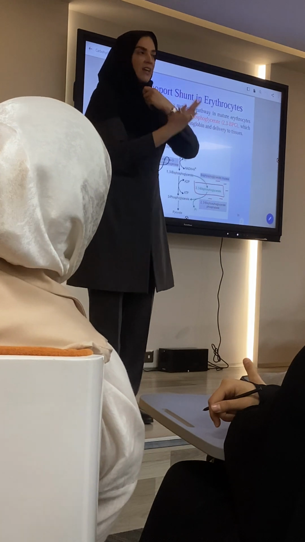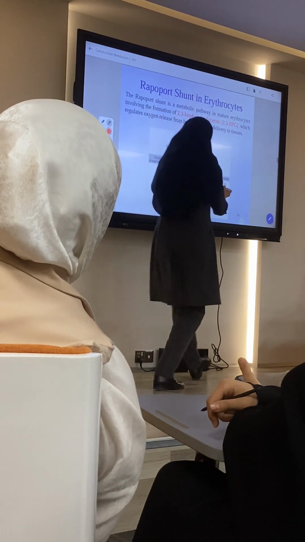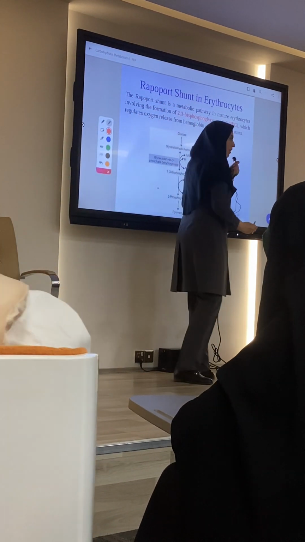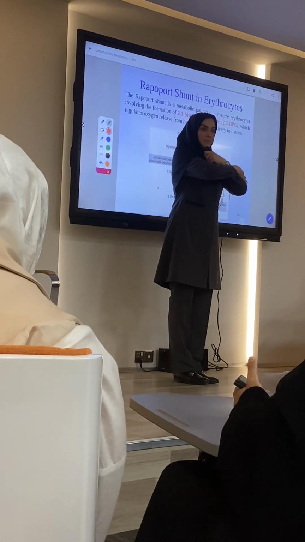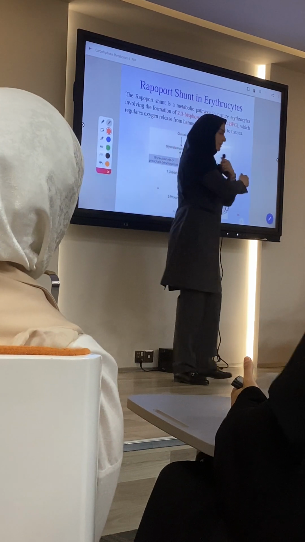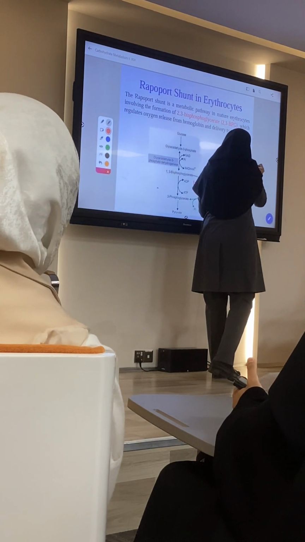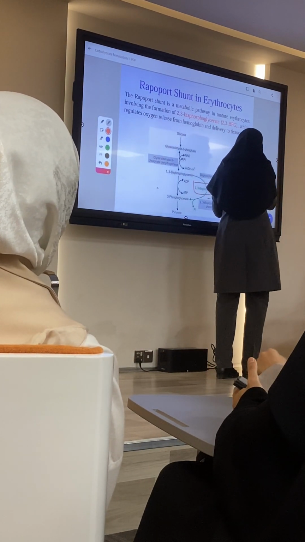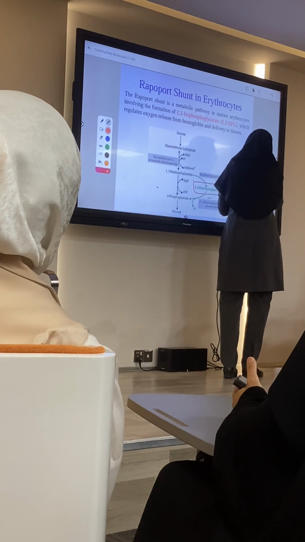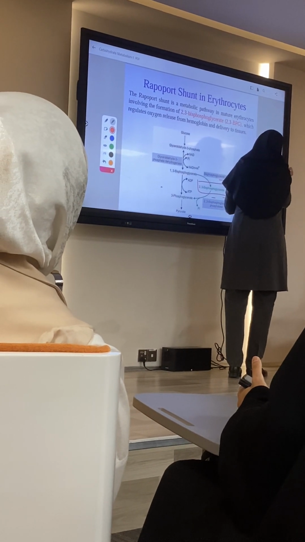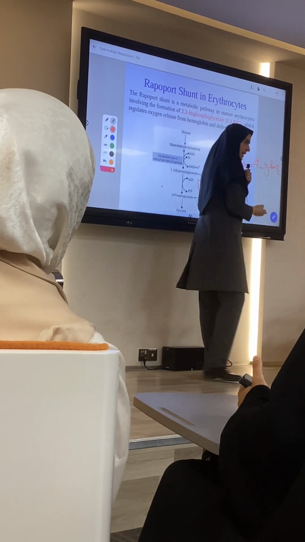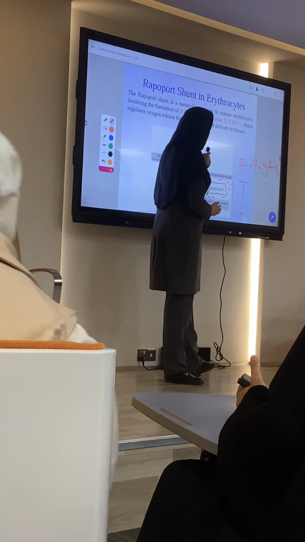So, when you have a high level of this molecule, what is the form of hemoglobin? T. Right? T means low affinity for oxygen.